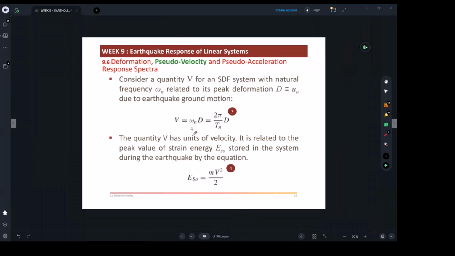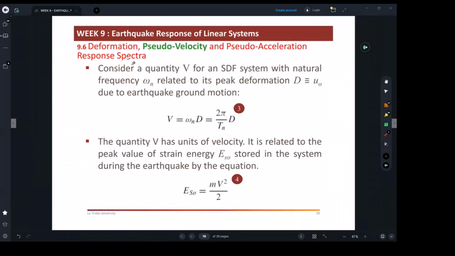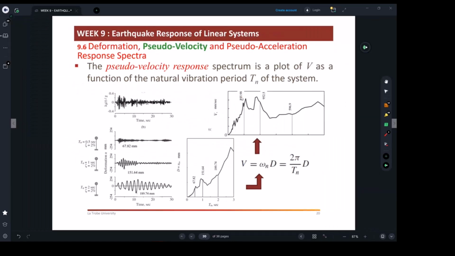All right, now what I'm basically showing to you here: if you have already generated your displacement response spectrum curve, you should be able to convert it to a pseudo velocity curve by simply applying this equation. This is just an example of what we did. So you all understand, here we started from a real ground excitation.